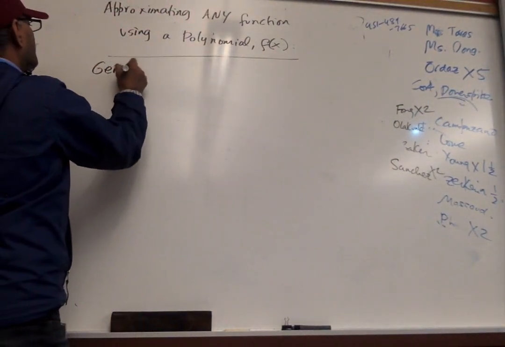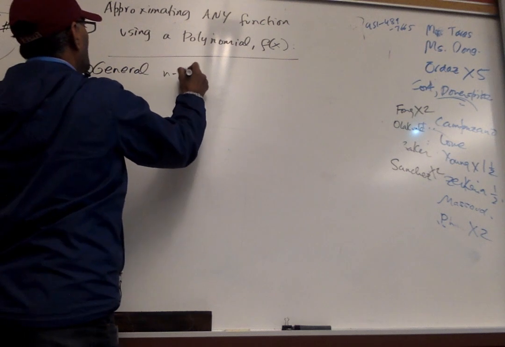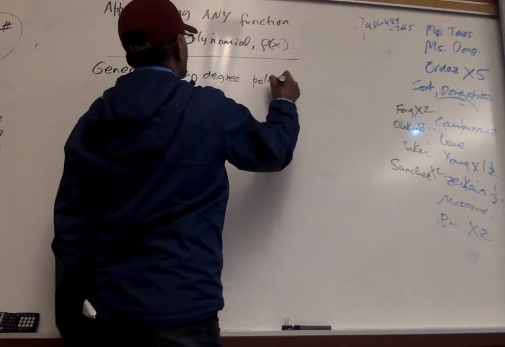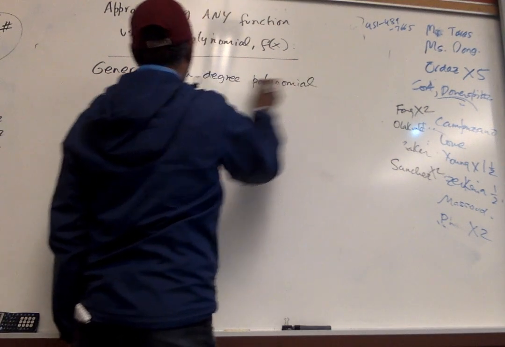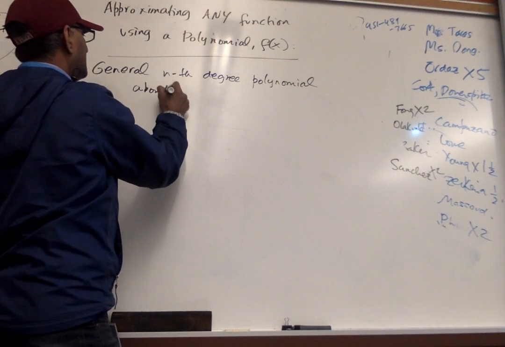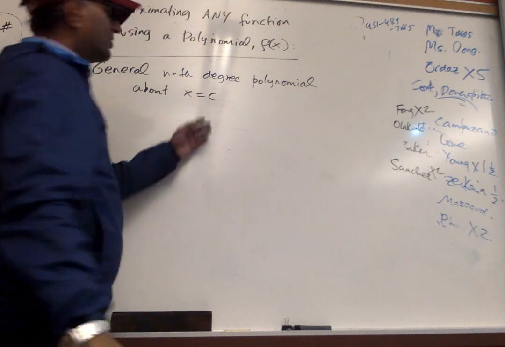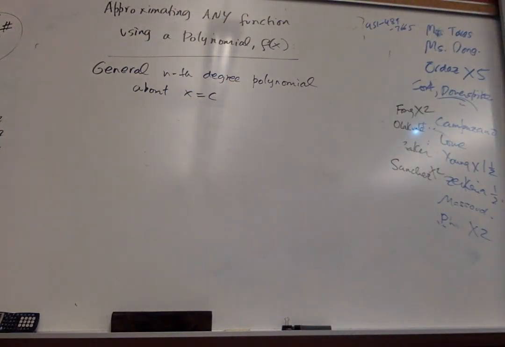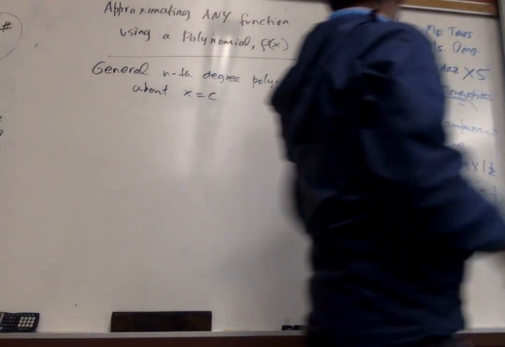This is the general nth degree polynomial about x equals c. So don't get alarmed by x equals c. It just means x equals 1. X can be 2. Can you see you're approximating here x equals pi over 6. Here it was x equals 1. This is x equals 1. So whatever your approximation point is.